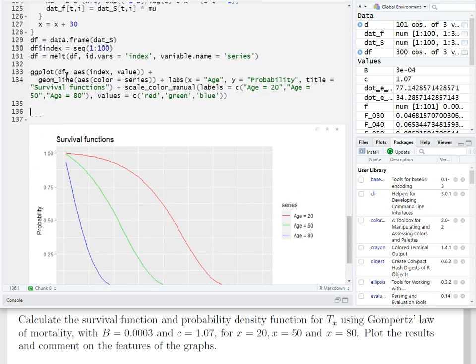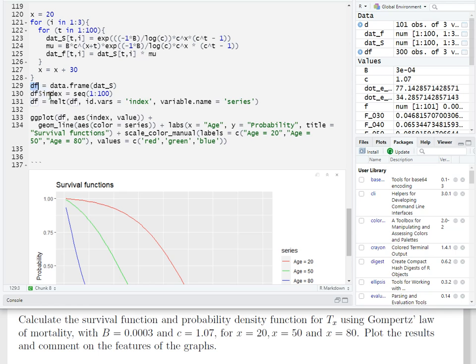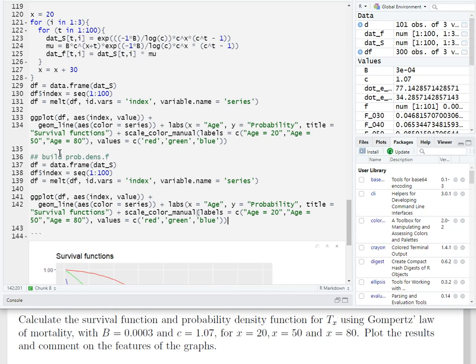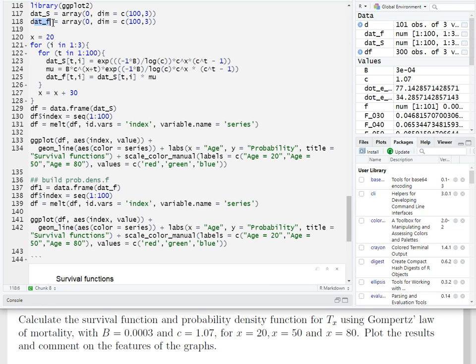We copy values starting from df, build probability density function, so we just copy and rename the data frame to df1, and this will be the det_f, which we have specified here and filled with the values of probability density, df1, df1, df1, and df1.